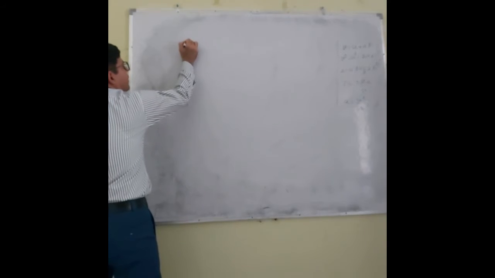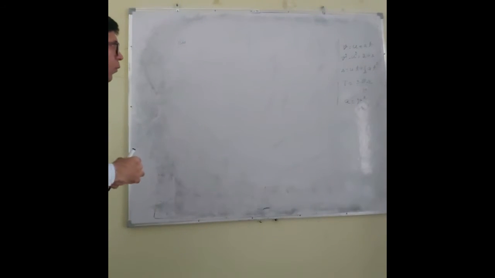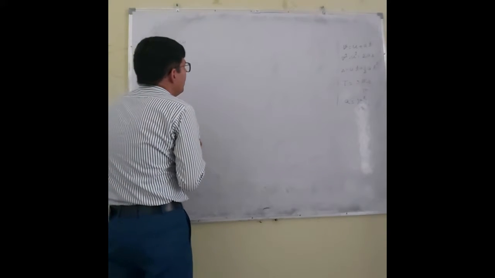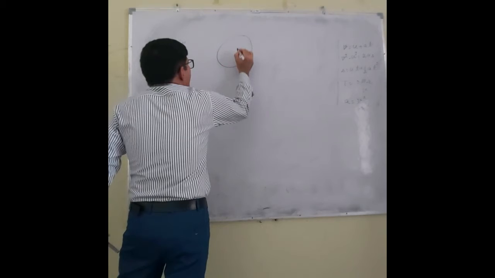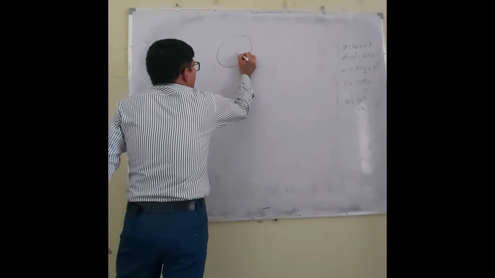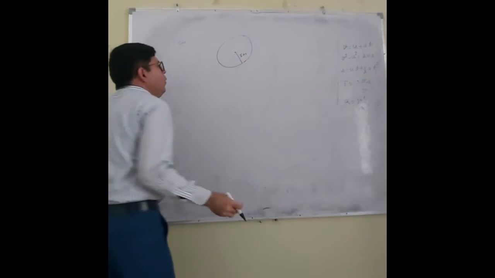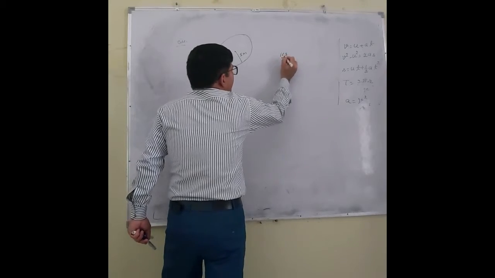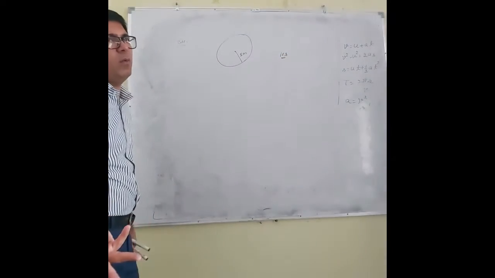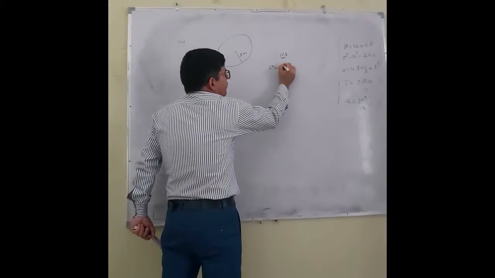Question number 1. A body is moving along a circle whose radius is 5 meter. It takes a time of 10 seconds to complete one round. My question is, find the speed.